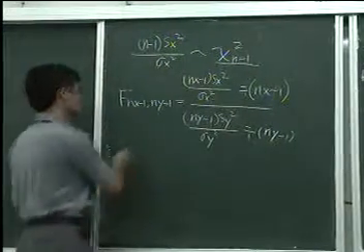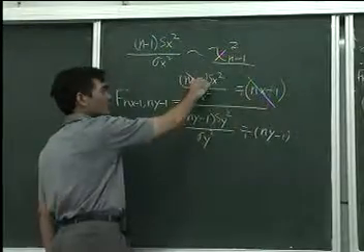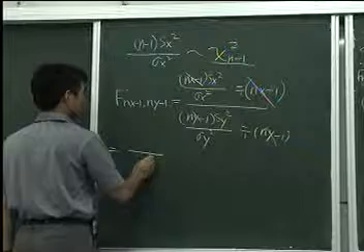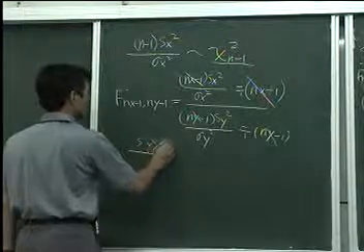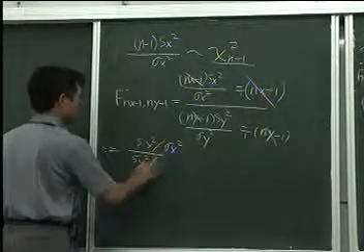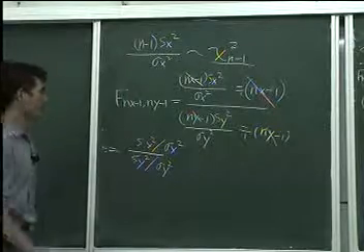Then what would you get? This one will cancel with this one, and this one cancels with this one. So you get S_x^2/sigma_x^2 divided by S_y^2/sigma_y^2.